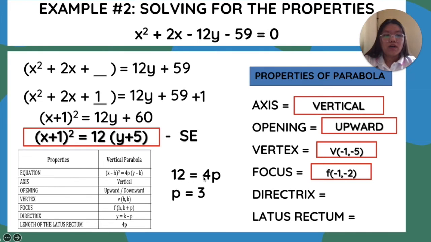We will divide 12 by 4, so it is 3. So negative 5 plus 3 is equal to negative 2. For the directrix, which has a formula of y is equal to k minus p, it will be y is equal to negative 8. And for the latus rectum, it is the absolute value of 4p, meaning our latus rectum will be 12.